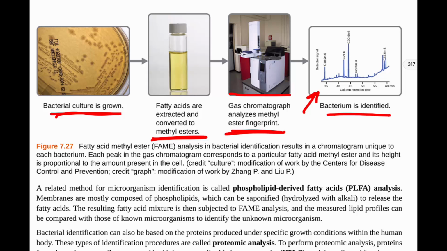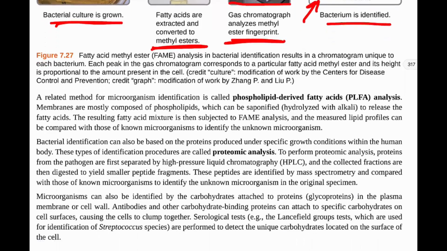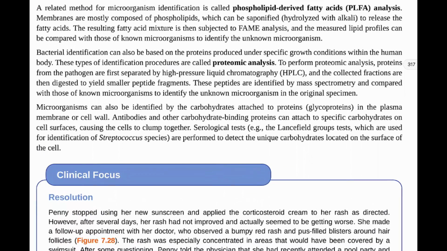So similar to that, a related method is phospholipid derived fatty acid analysis, so PLFA analysis. So remember that our membranes are mostly composed of these phospholipids, phospholipid membrane. Then what they can do is they can saponify it. So saponify is to kind of turn it into a soap, break things apart.